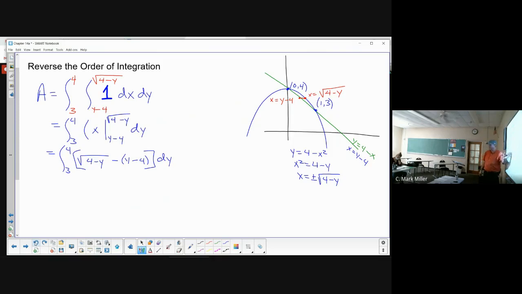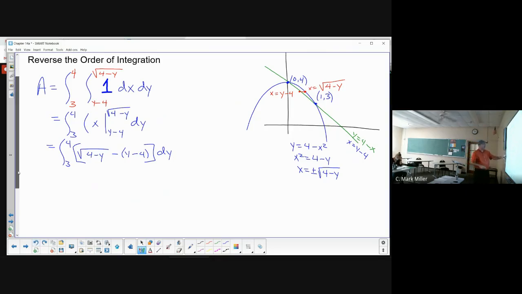Your result is going to be a function of y, because now you're going to integrate with respect to y. After you integrate with respect to one variable and plug in the bounds, that variable should be gonzo. Hasta la pasta.